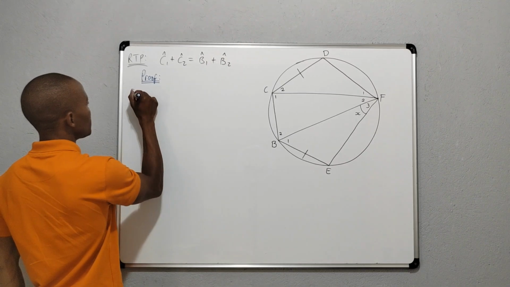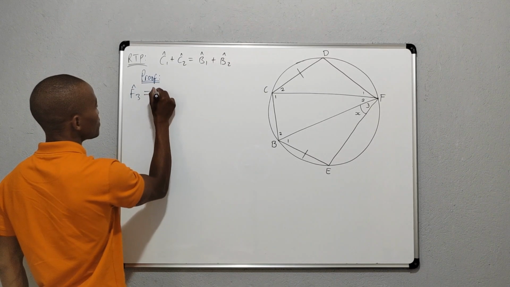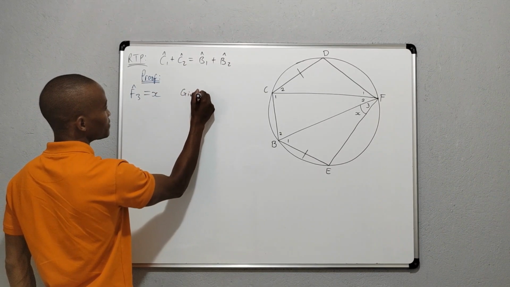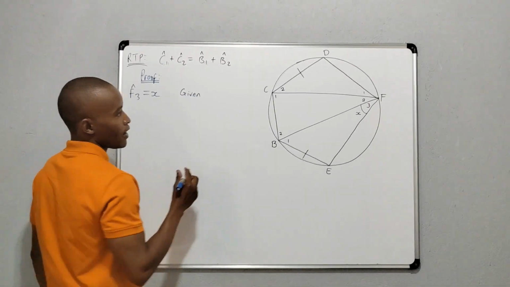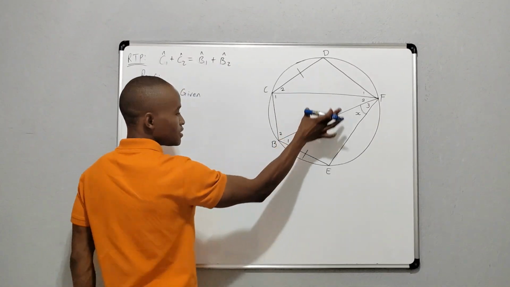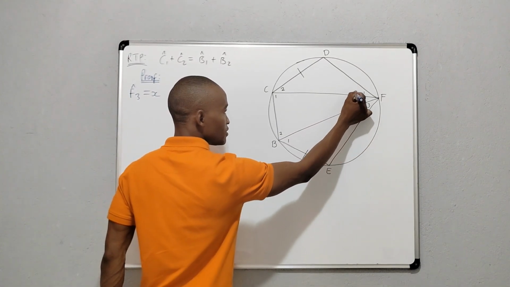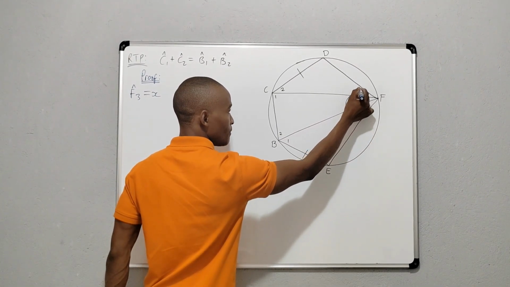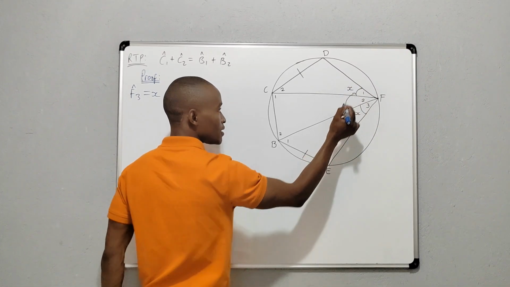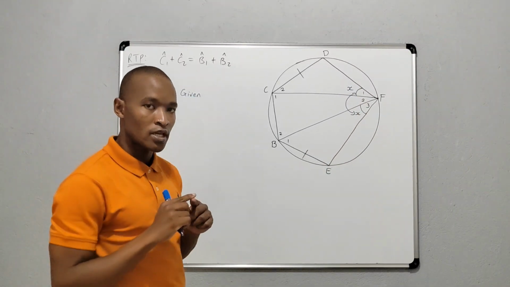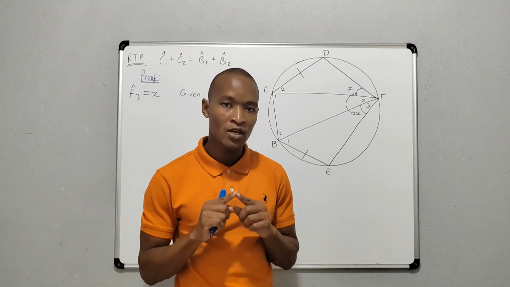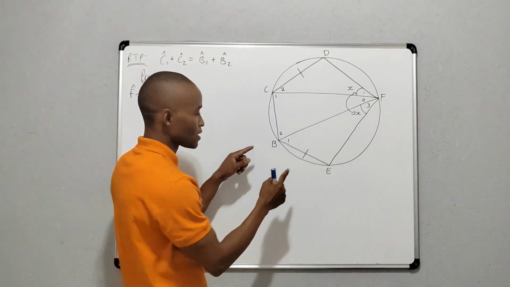We are given that angle F3 is equal to x. This is given. And why is it significant that CD is equal to BE? It allows us to connect F3 to F1, making F1 also equal to what? X. Because equal chords will subtend equal angles at the circumference of the circle.